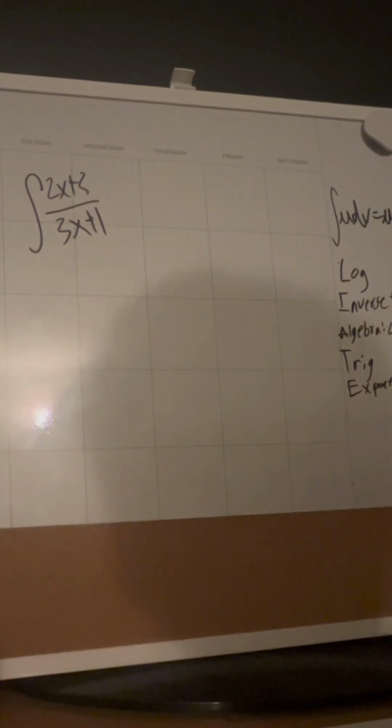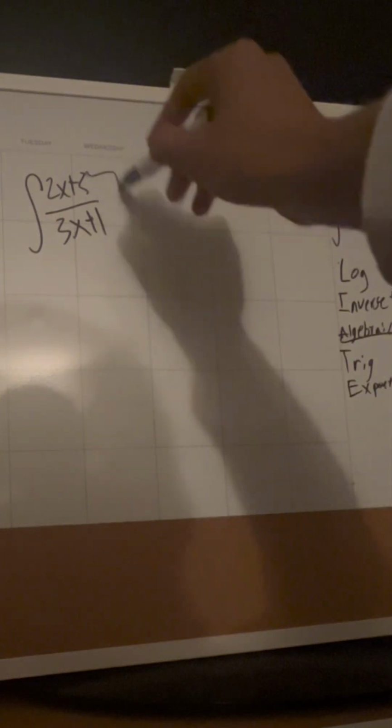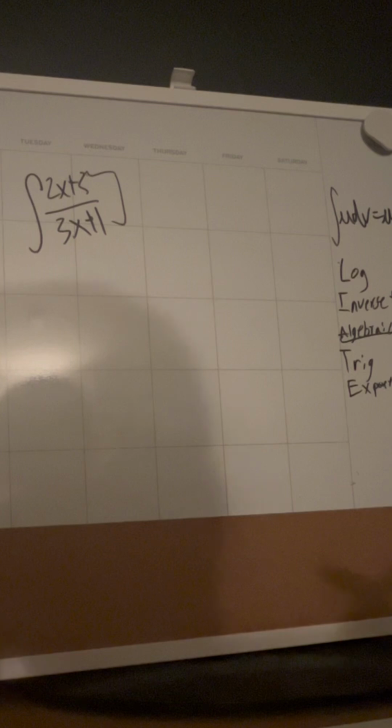The ones we see here right now are algebraic. These two are algebraic, so there isn't really an order between which algebraic one we should choose.